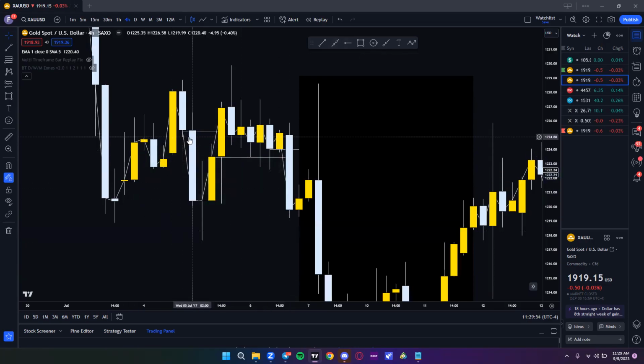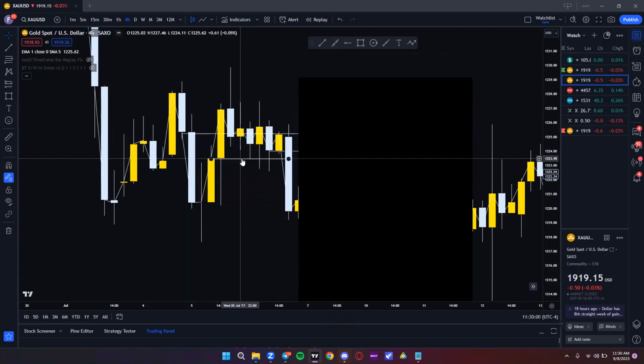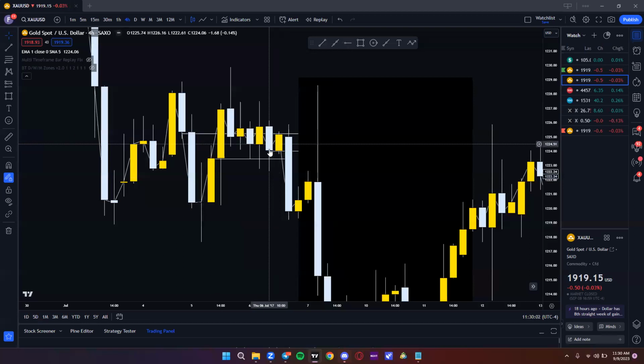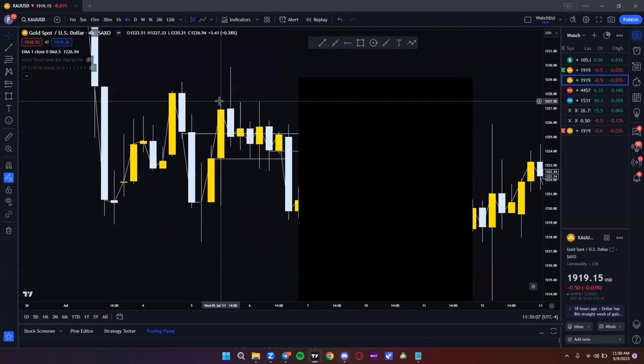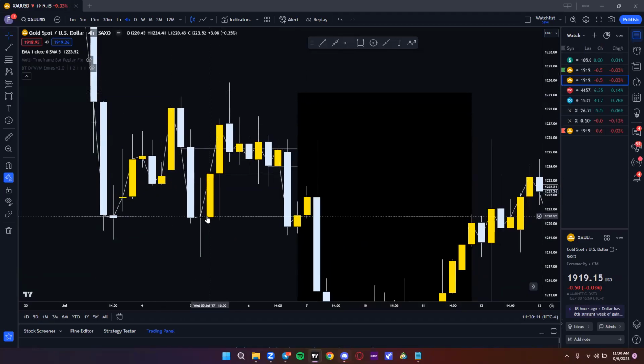Why are these levels so important? This decision level was created closed below this buying decision level, right? That closed above the selling decision level.